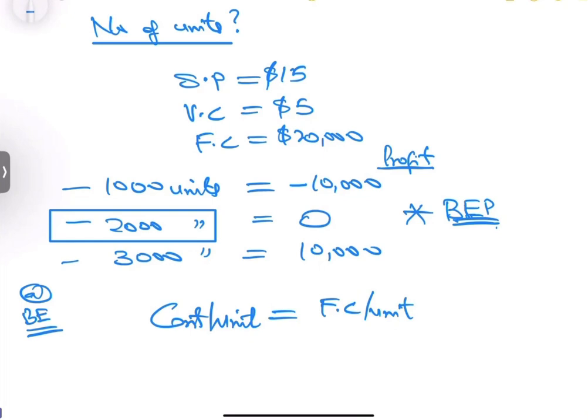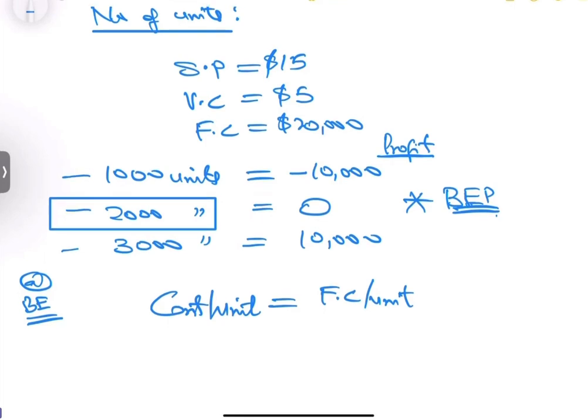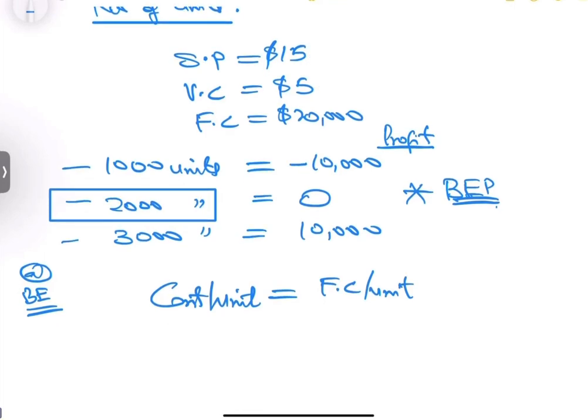So even if I calculate my contribution per sales, it's going to be the same thing as my fixed cost per sales, because at break-even, the contribution is the same as fixed cost. Right? So what is contribution per unit in this question? 10. So contribution per unit is 10, because that is 15 minus 5. Right. So which means $10 of contribution is the same thing as our fixed cost per unit.